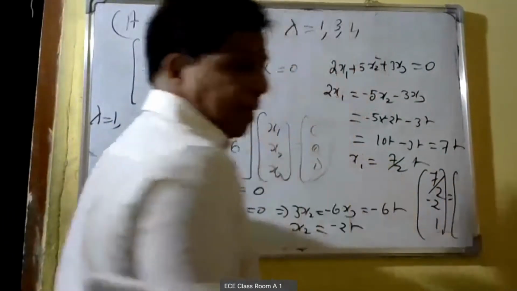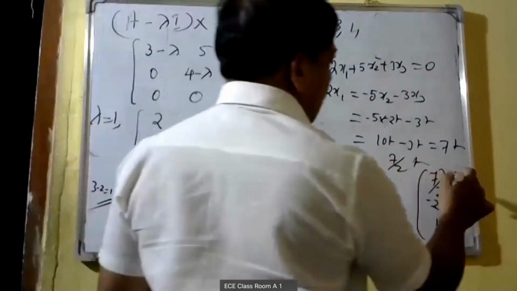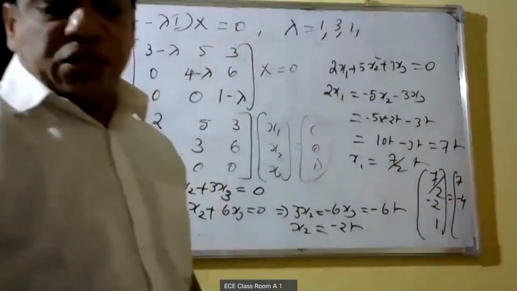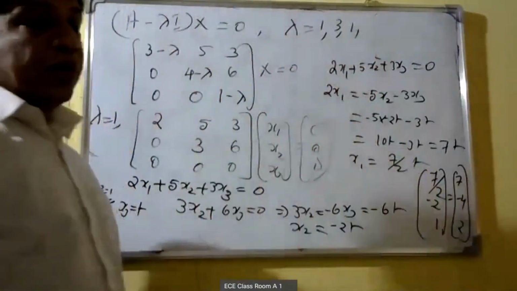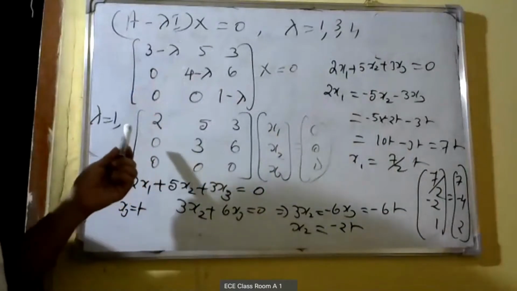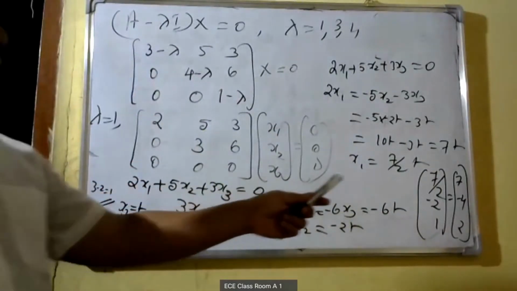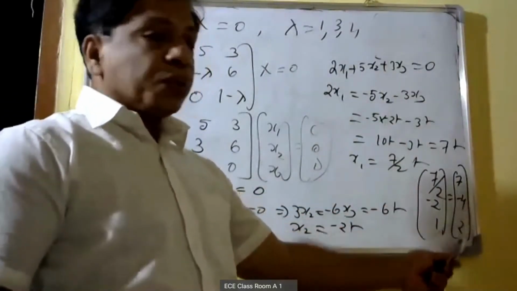This can again be written as 7, minus 4, 2. Therefore, when we take lambda is equal to 1, the eigenvector is 7, minus 4, 2.